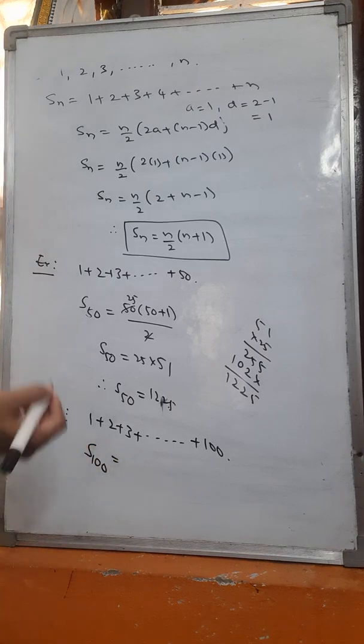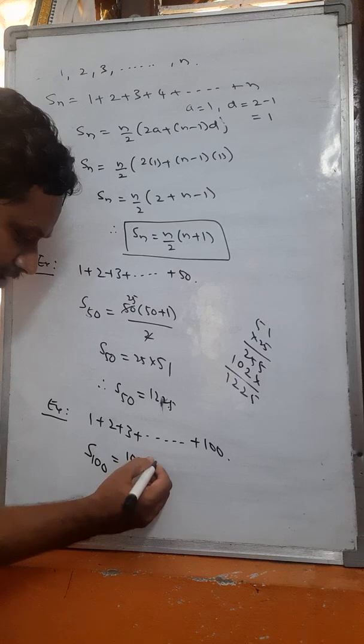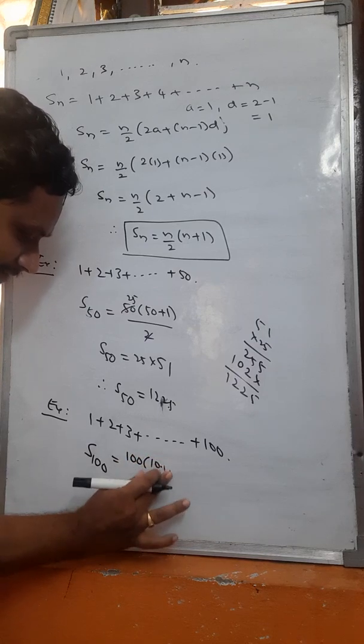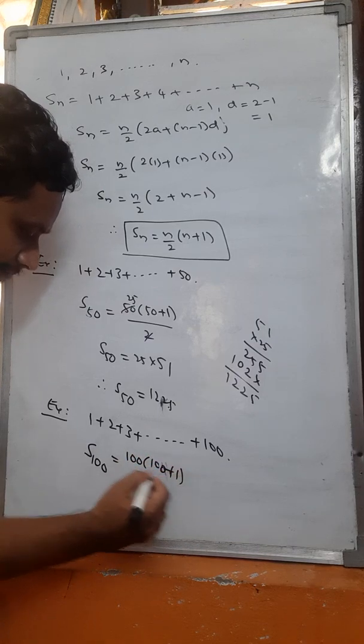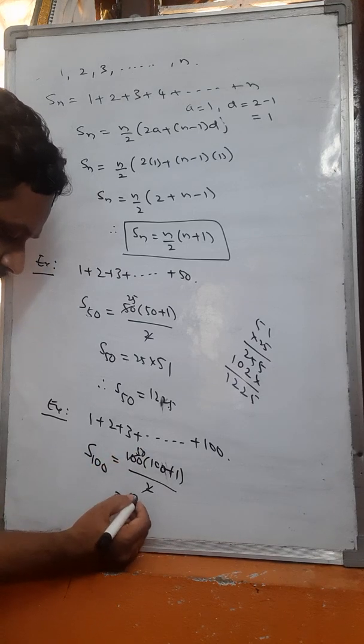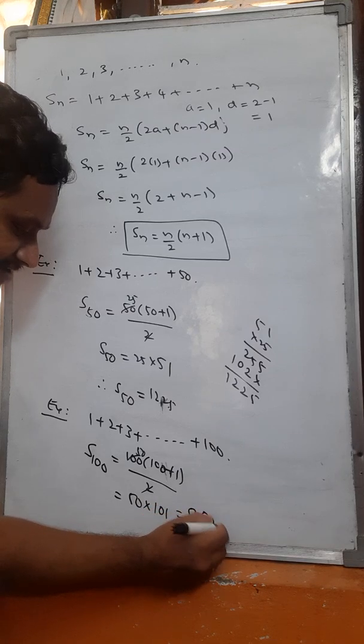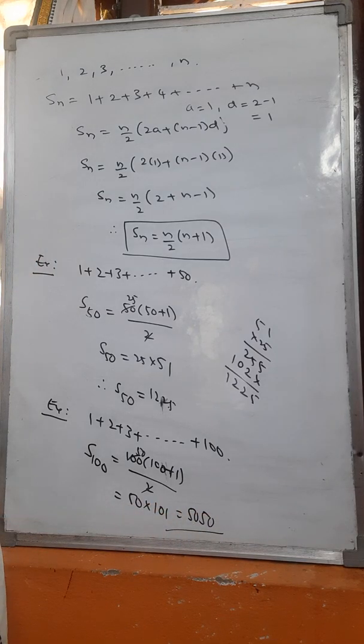Using the formula n into n plus 1 by 2, that is 100 into 100 plus 1 by 2. So 50 into 101, that is 5050. The sum of the first 100 natural numbers is 5050.